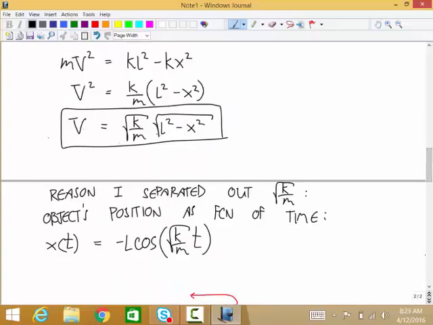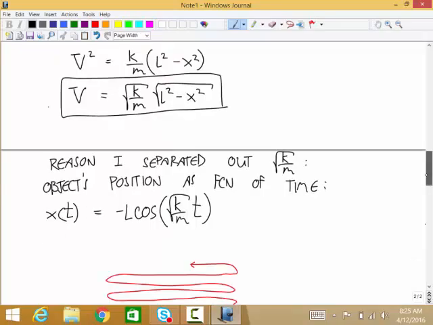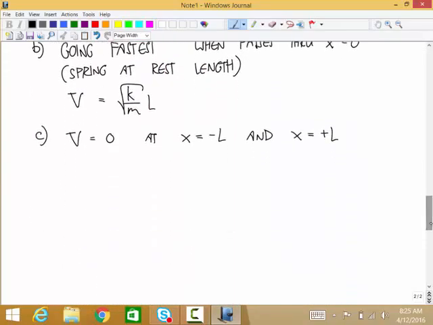To make the speed equal to 0, you have to make one of these two factors equal to 0, and the only way to do that is to make x equal to L or negative L. Any questions about that one?